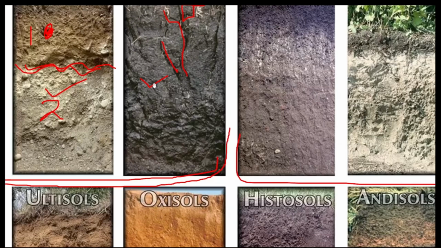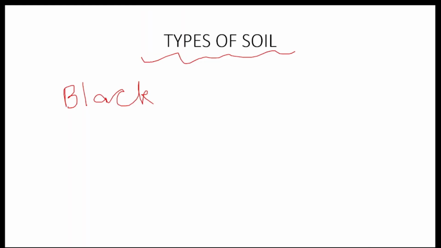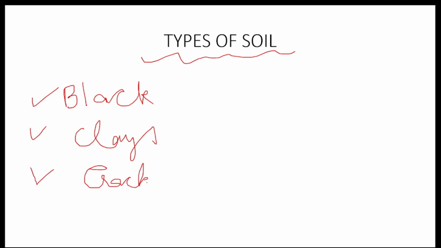Cracks expand when they are dry and contract during the cooler period. This has resulted in cracks. First of all, it's a clay, it's black in color and it has cracks. So these are characteristics of what? Vertisols. Till now what have we studied? Number 1, the entisols. Entisols are the what?